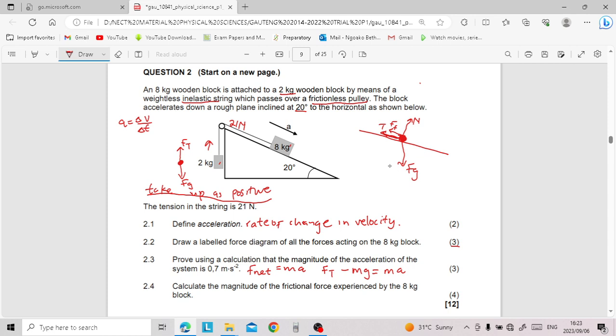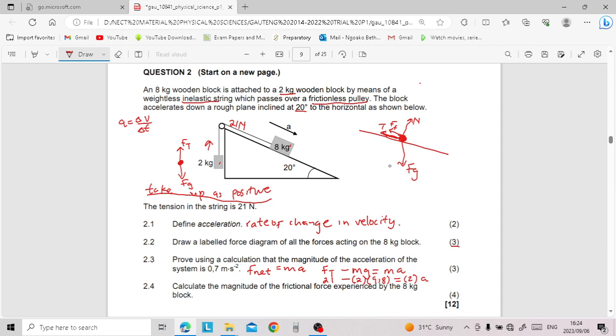From here, the tension is 21, minus the mass, 2, multiplied by 9.8, and then equals mass 2 multiplied by a.